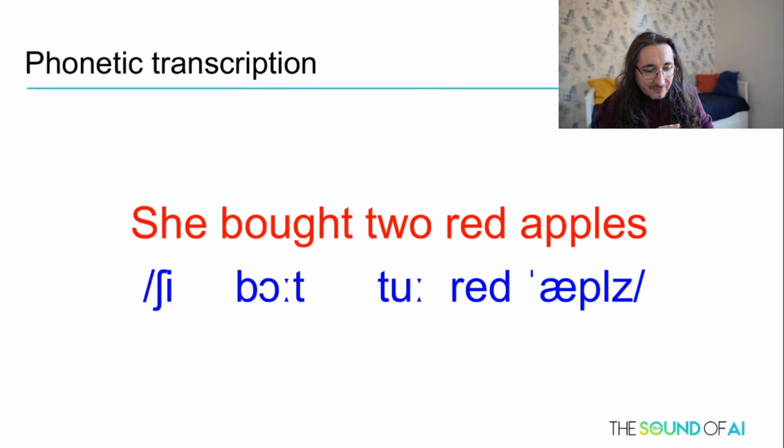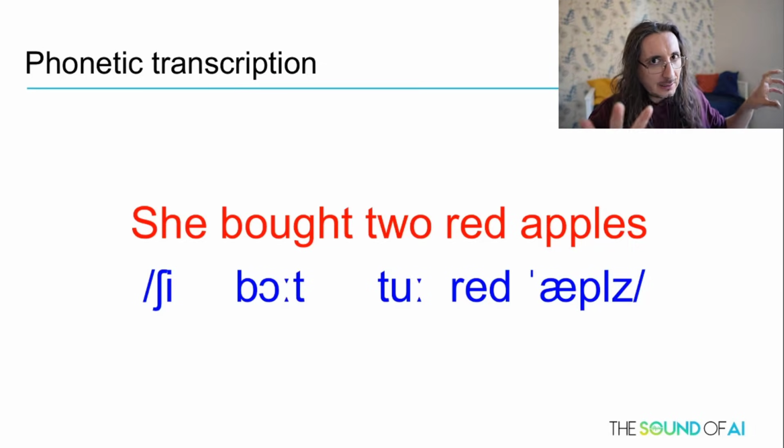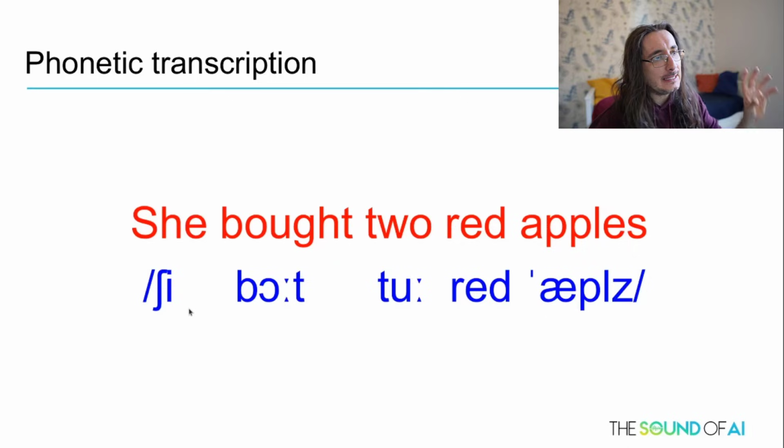Now that we have those symbols for these phonemes, what we can do is take the words as they are written, as they're spelled, and then translate them into this international phoneme alphabet. So, she bought two red apples, right? That's spelled in red. We can translate it with these symbols.